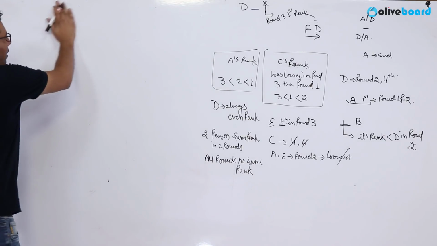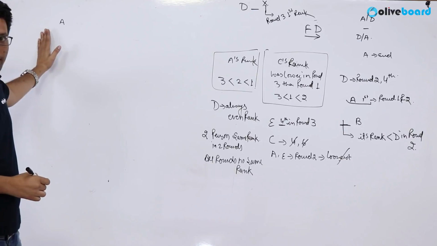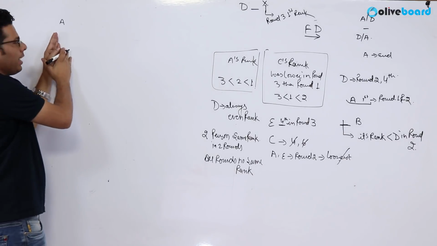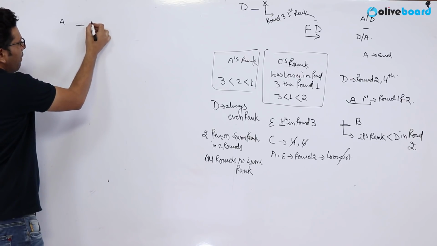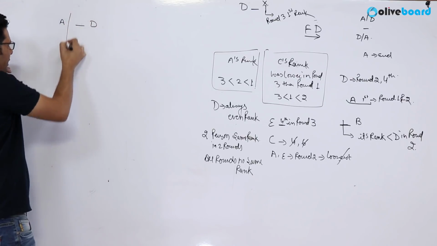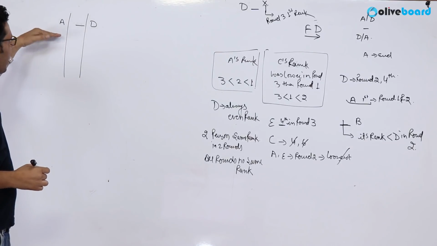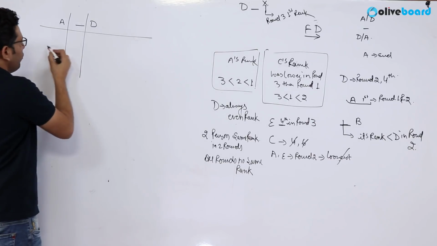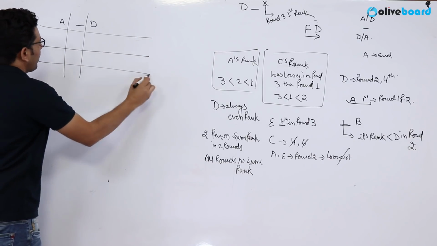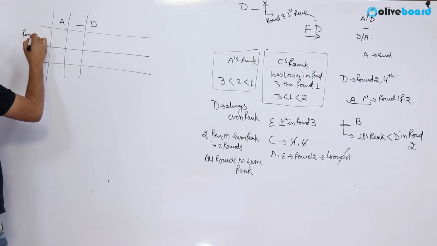So what arrangements can we have? If I take A at this end, then this is the left end. If I take A at this end, then one gap, and this would be my D. I can take it like this also. Why am I taking this? Because I will write down the ranks here. There are 3 rounds, so I will write down the rank here. This is my round 1.